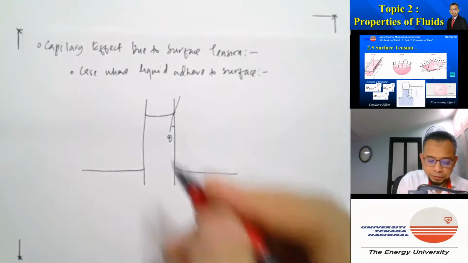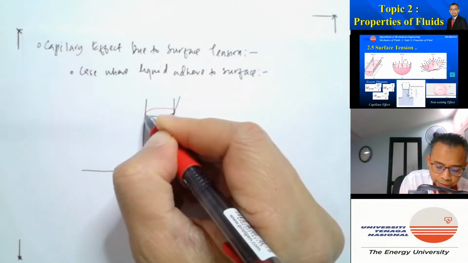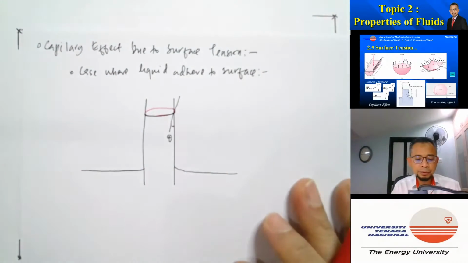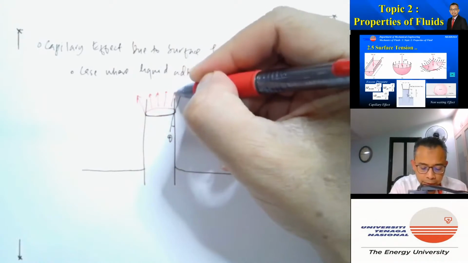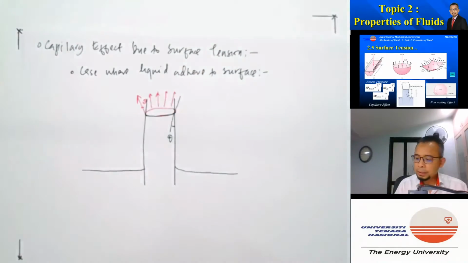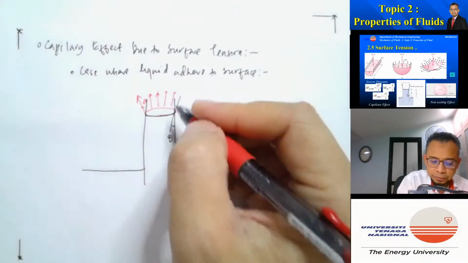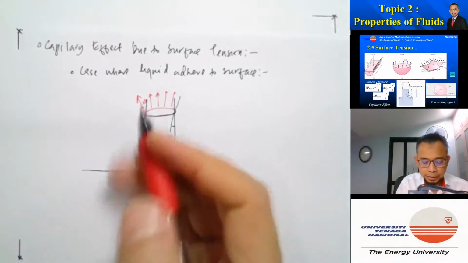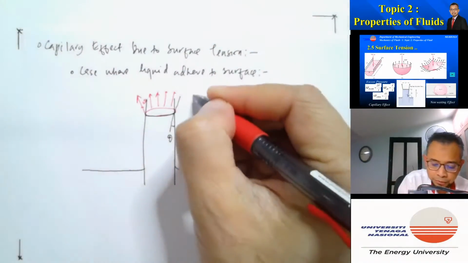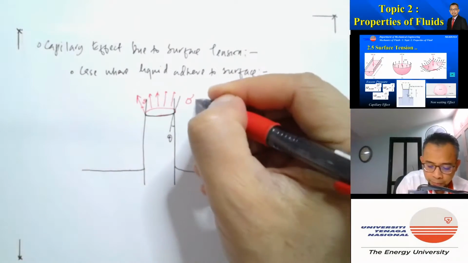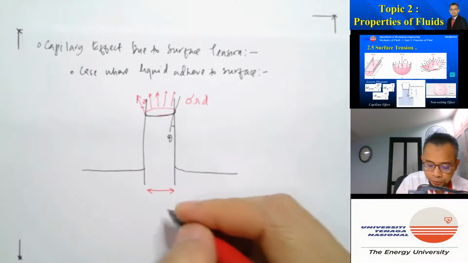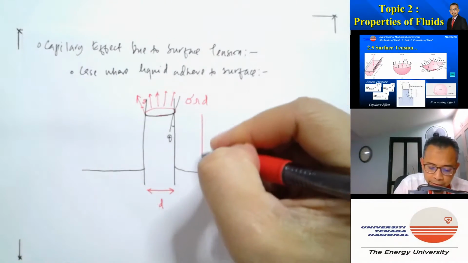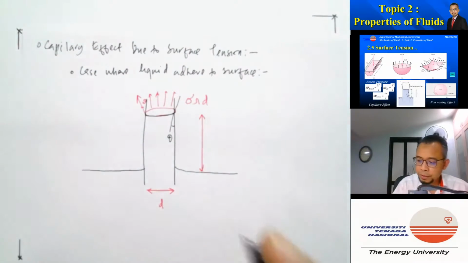If you consider the surface tension, the end parts of the liquid are being cut like that at an angle theta. So the force here, which is pulling it in the direction of theta, is equal to sigma times d, where d is the diameter of the tube. The height at which it goes up, call that delta H.